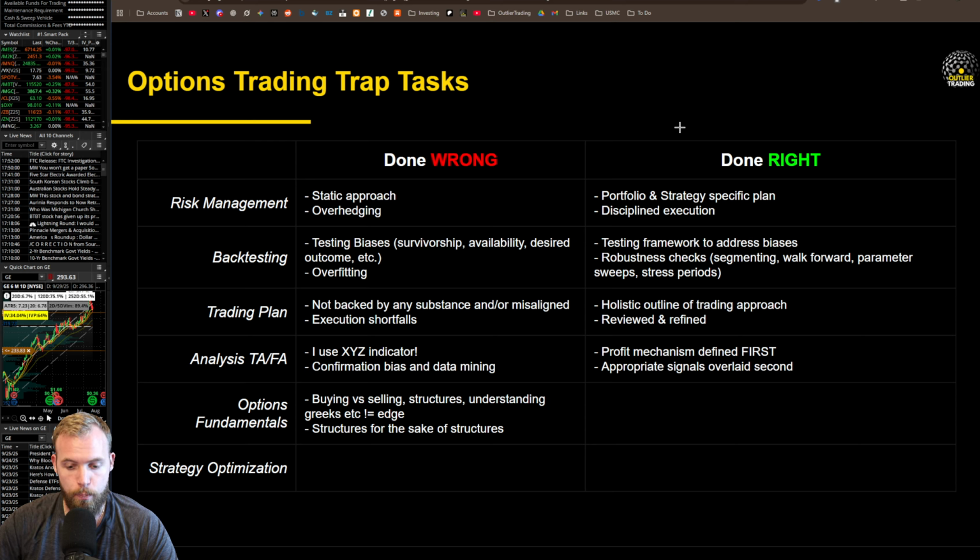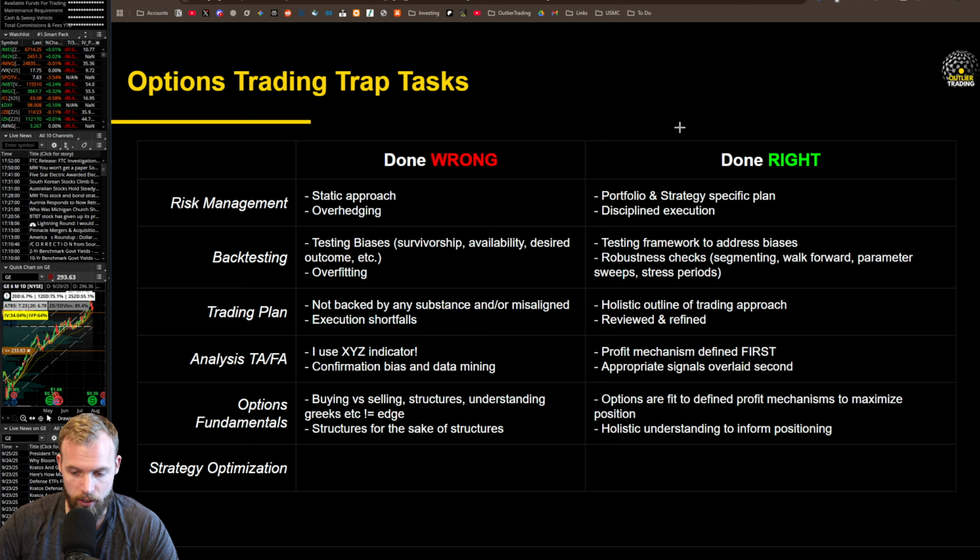And the last thing is people bounce between structures, like that example that I just gave you, instead of starting with a profit mechanism. So going back to this momentum example, if I'm trading momentum and my expectation is something is going to go up, do I want to trade a short iron condor because I know what a short iron condor is and I think that that strategy or that structure is good?